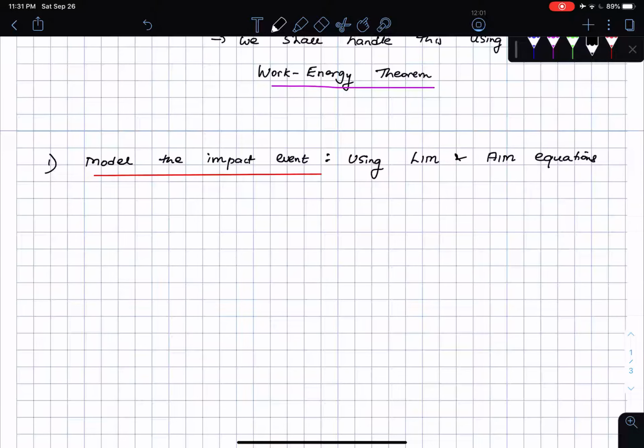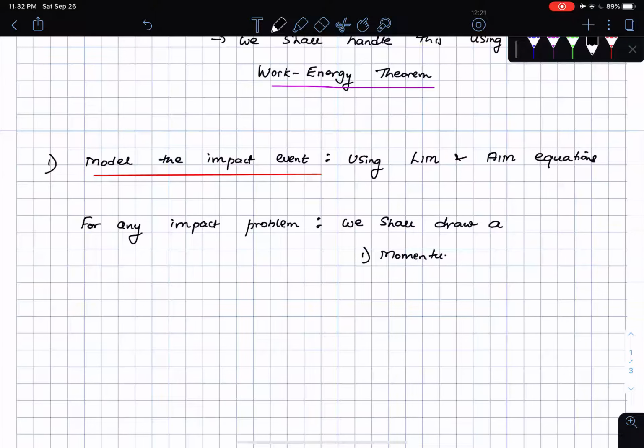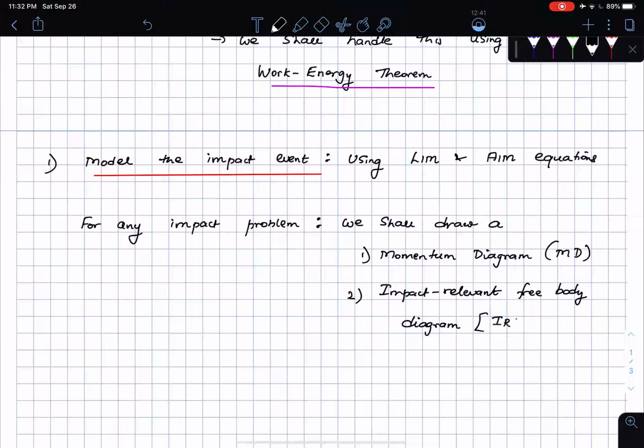So for any impact problem, we shall draw a momentum diagram, which I'm going to call MD, and then we will draw an impact relevant free body diagram, which I'm going to call IRFBD. This is also another key statement that you're going to be making use of.